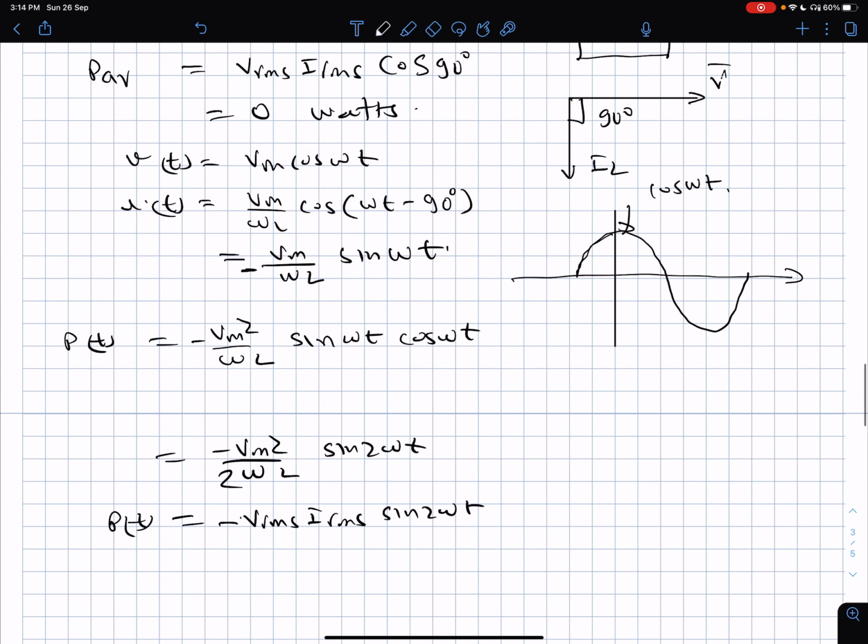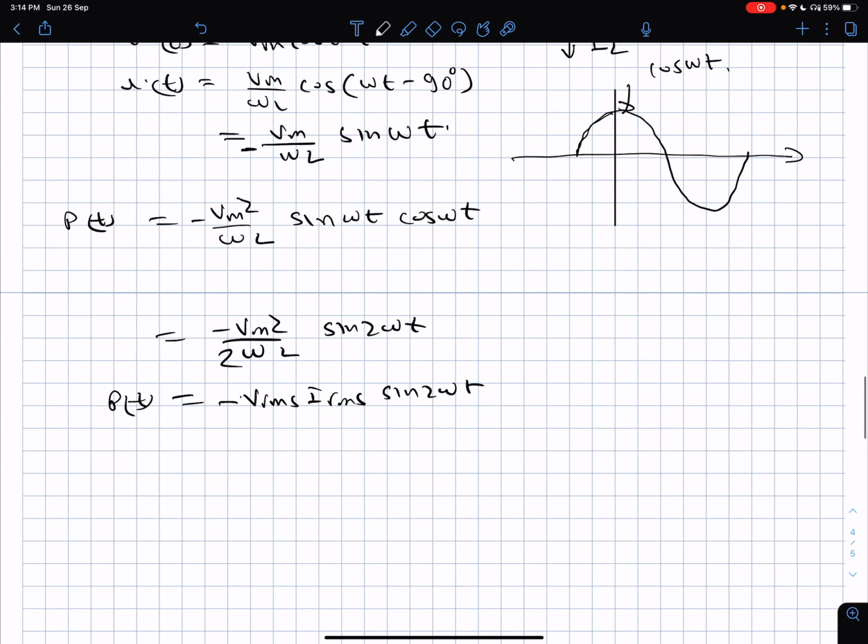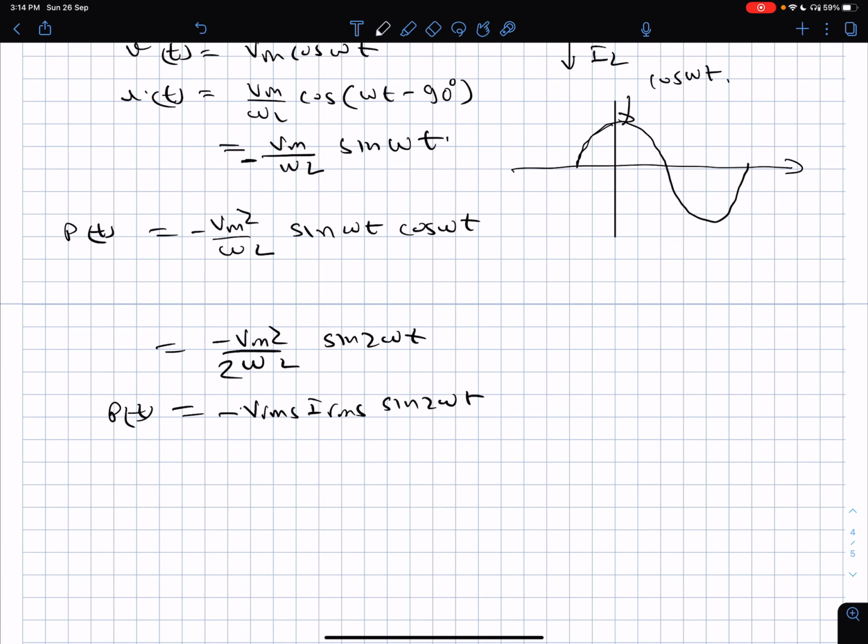So now if you plot this in time, let me extend this first to complete the cycle. This is 0 degrees, this is pi by 2, this is pi, this is 3 pi by 2, this is 2 pi.